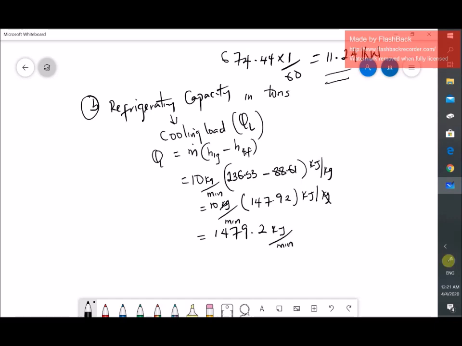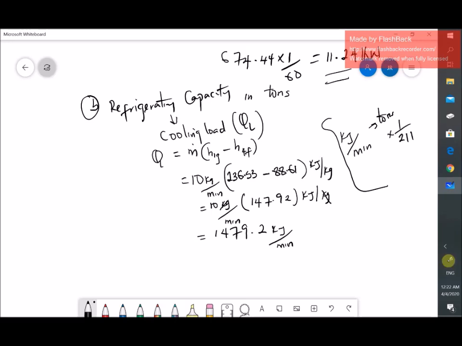Now we are asked to leave our answer in tons. If you remember, in my first video I said that we can convert kilojoules per minute to tons by multiplying by 1/211.